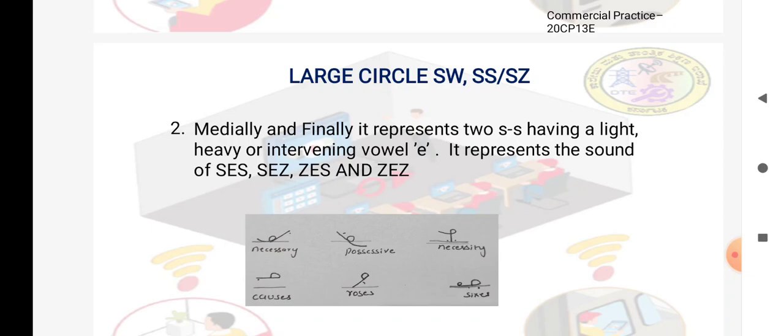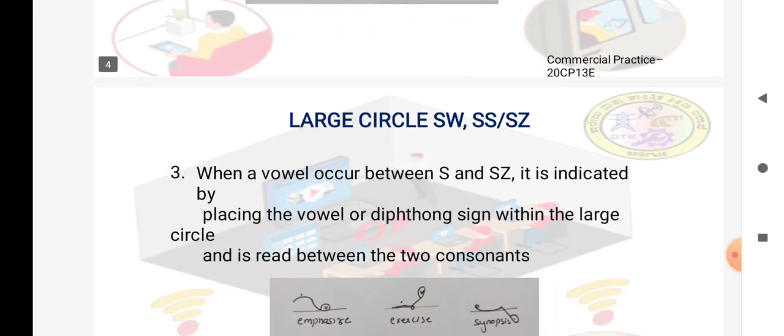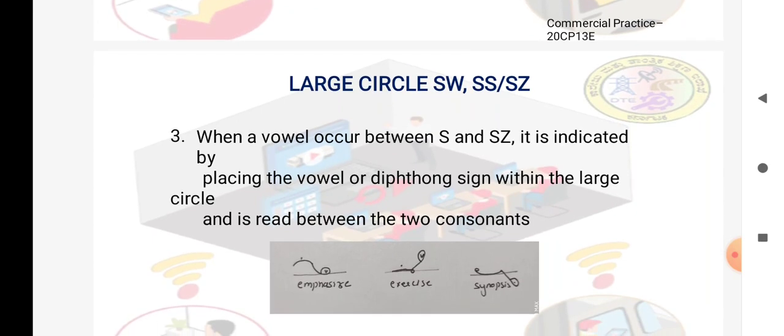So you have to practice a lot of exercises and words to understand this particular rule. Then if you go to the next rule: when a vowel occurs between ses and zes, it is indicated by placing the vowel or the diphthong sign within the large circle and is read between the two consonants.